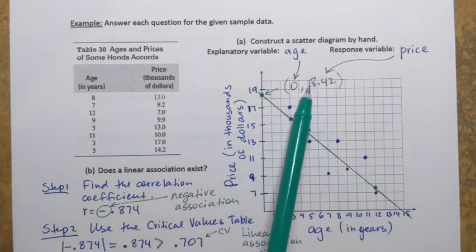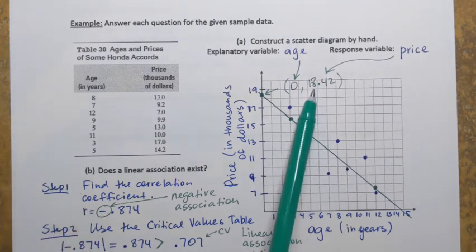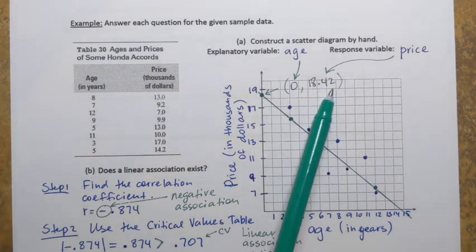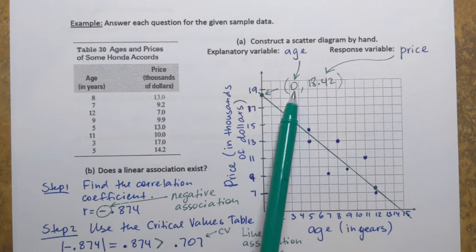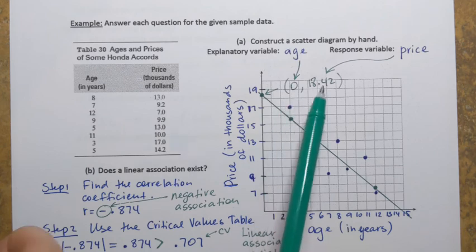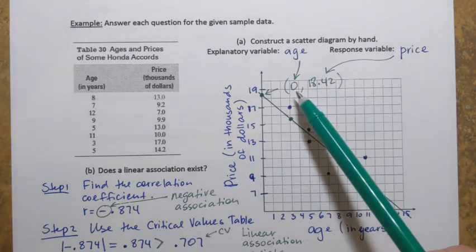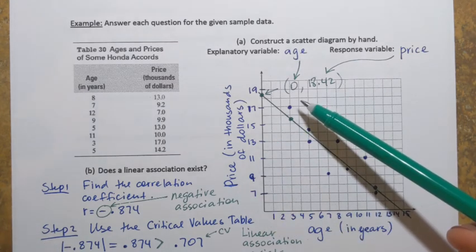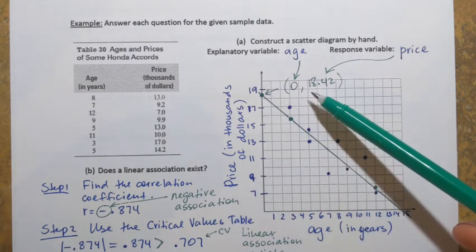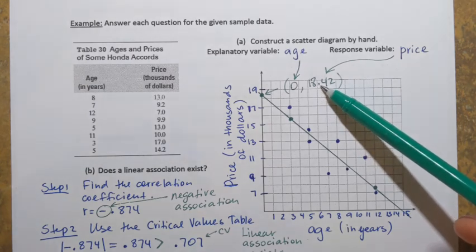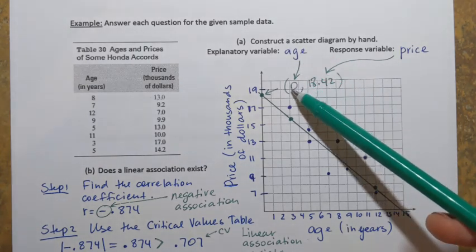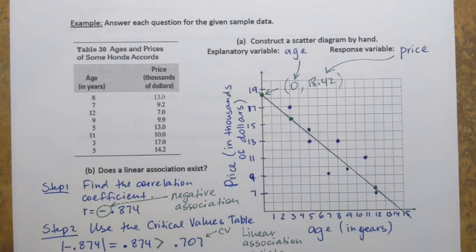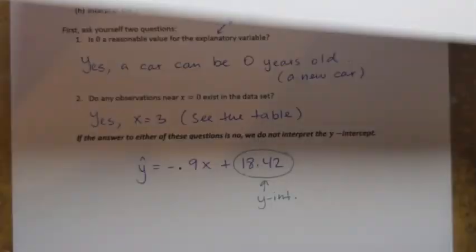So in other words, this is the price, $18,420, for the car that's 0 years old. So it's the estimated price for a brand new car, for a brand new Honda Accord. So that's the meaning of the y-intercept. Once again, it's always going to be the value of your response variable when the explanatory variable equals 0. Let's write the interpretation down.